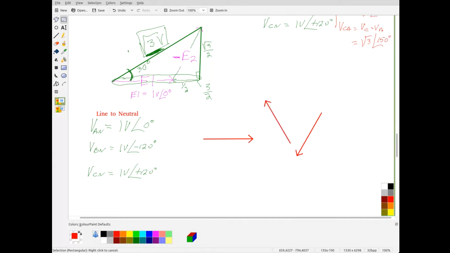All right, so these are my 3 values here. So this is the first one. I'm going to just label them here.